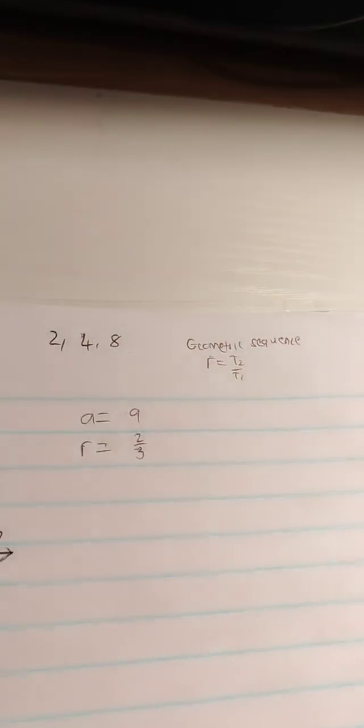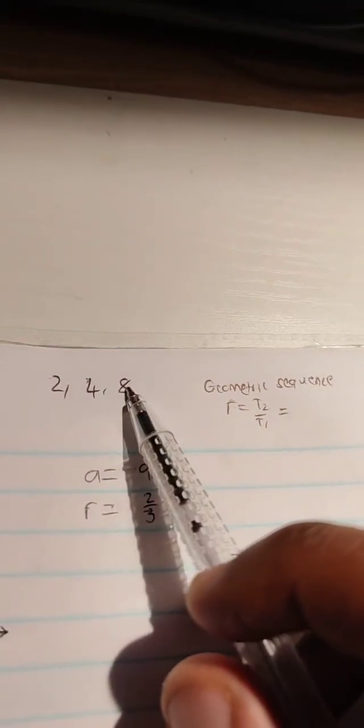In other words, if you check the division of term 2 by term 1, and you further confirm it by checking term 3 divided by term 2, you actually find that they have the same value when you divide consecutive terms.